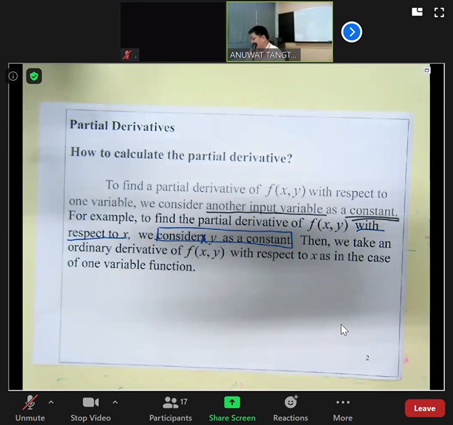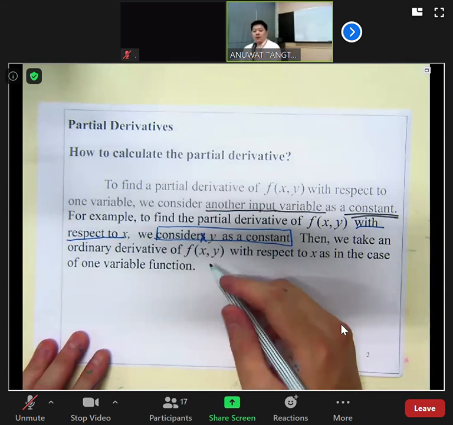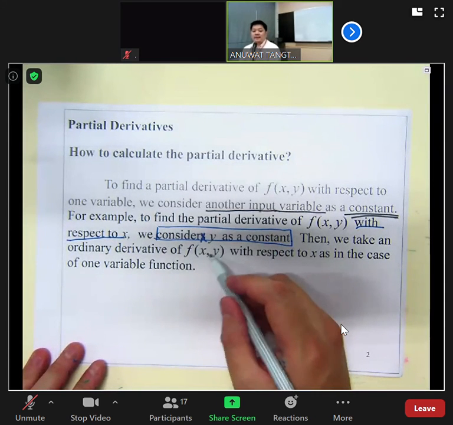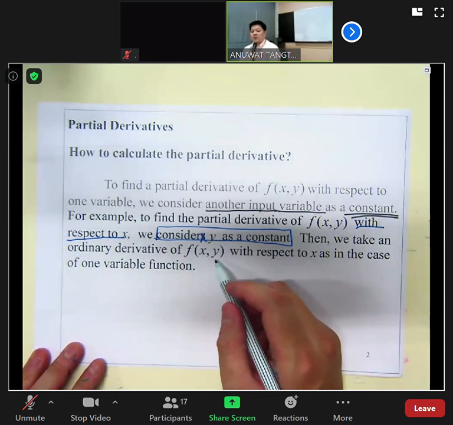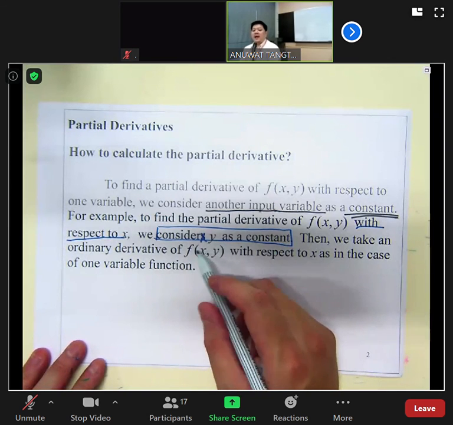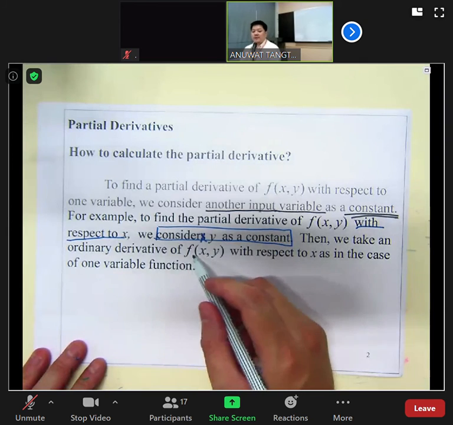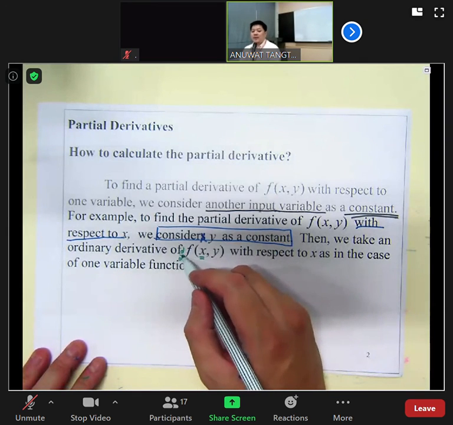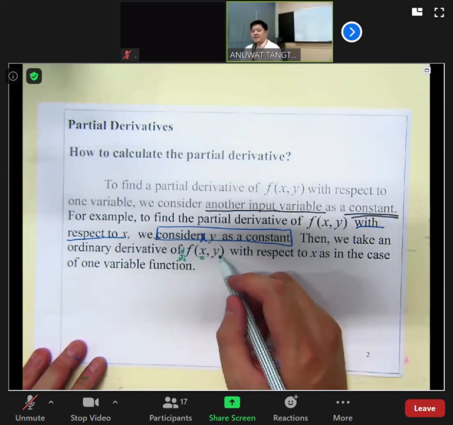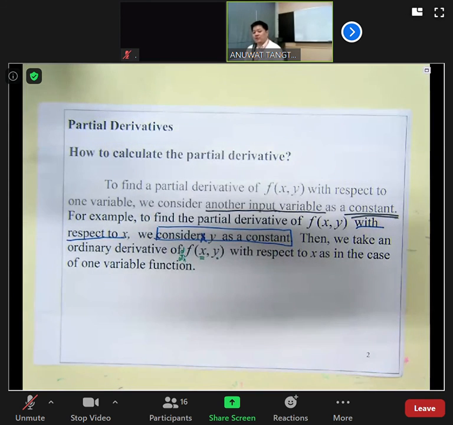And similarly, once we fix y to be constant, the only variable would be x. So this is considered as a function of one variable, x. And then we can do the ordinary derivative of a one variable function with respect to x. We can do d by dx with that one. When y is fixed, you can think of y fixed at y0 and so on.